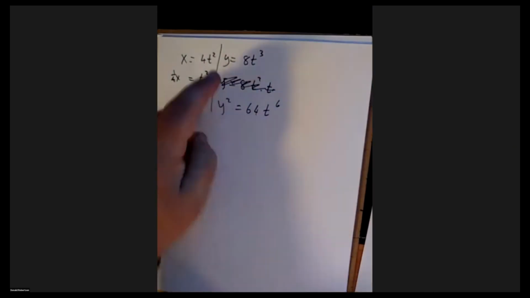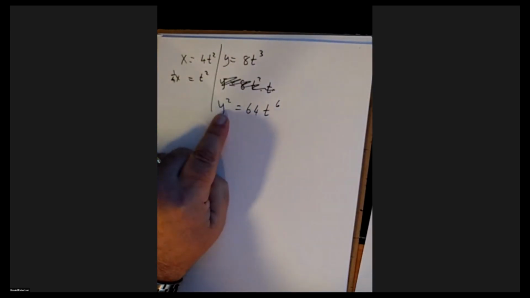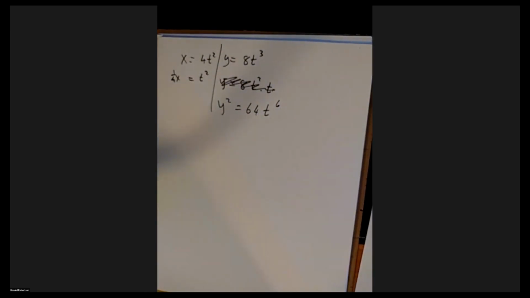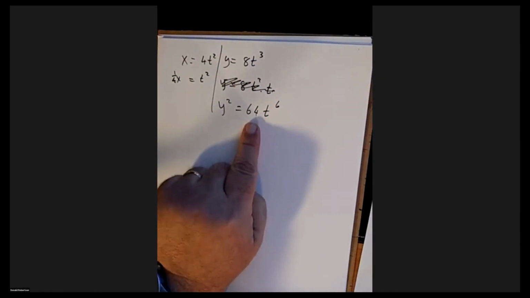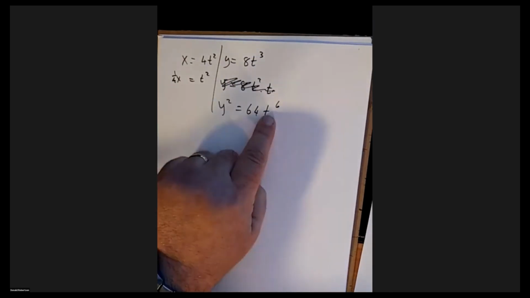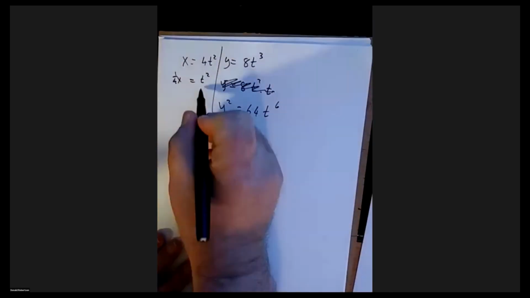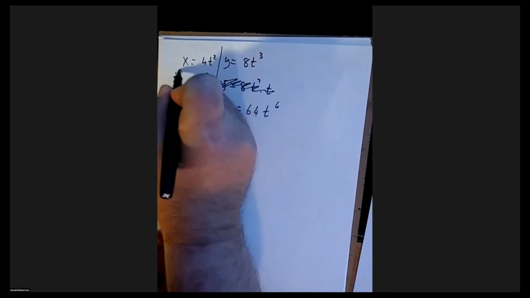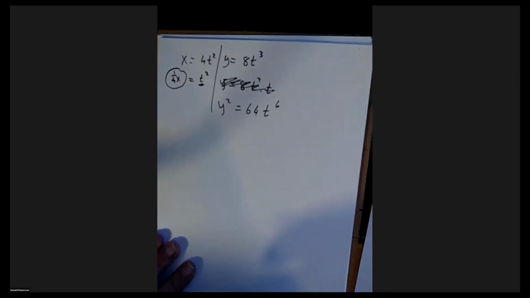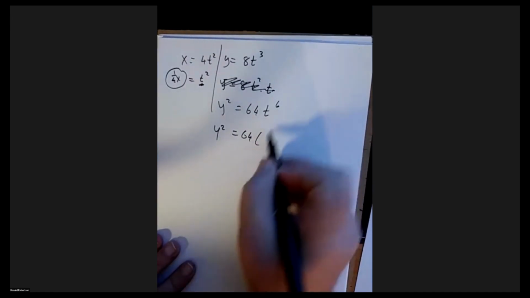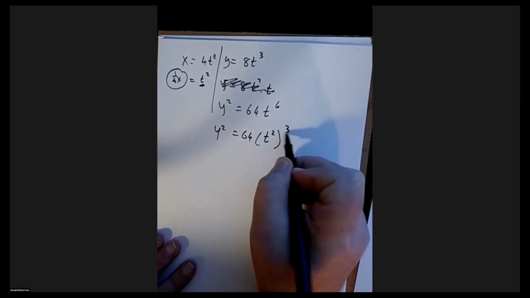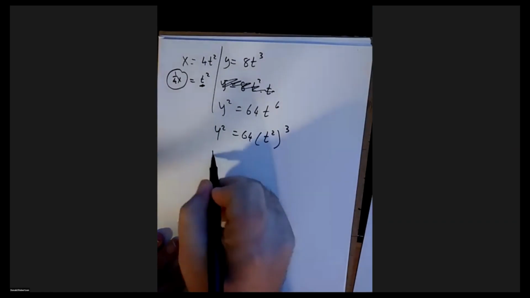Now, what did I do to this guy to get that guy? Can you see what I did? You squared the whole thing. Yeah, 8 8s and t cubed squared. Now, can't the t squared get replaced by this fella? Well, isn't t to the 6 t squared cubed?